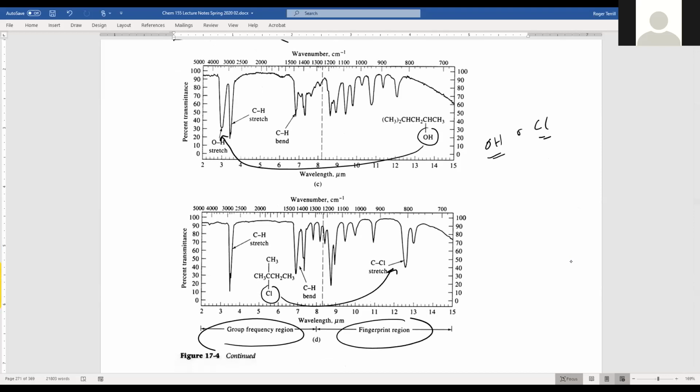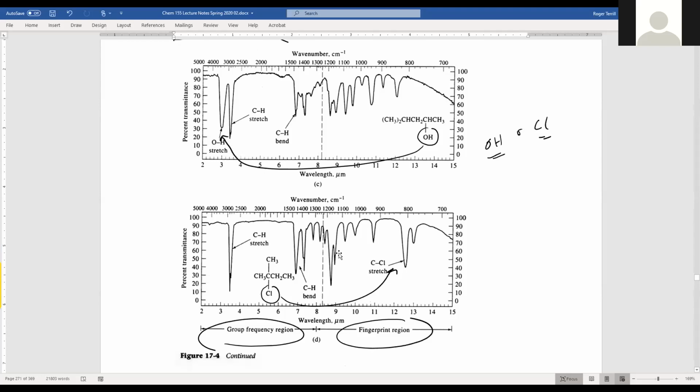That torpedoes the idea of calling this the fingerprint region. But if you look at the spectra, in general, above around this cutoff you get a piece of spectrum more dominated by small group frequencies like CH stretching and bending, and you get a region more dominated by complex motions that are not so easily identifiable.